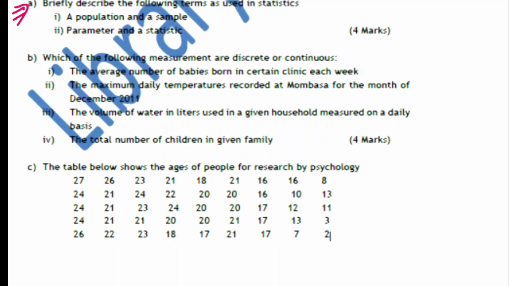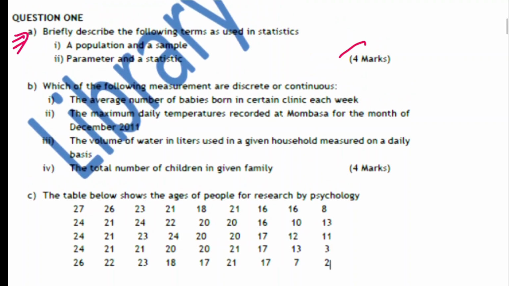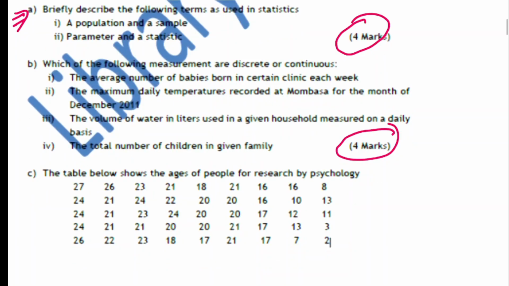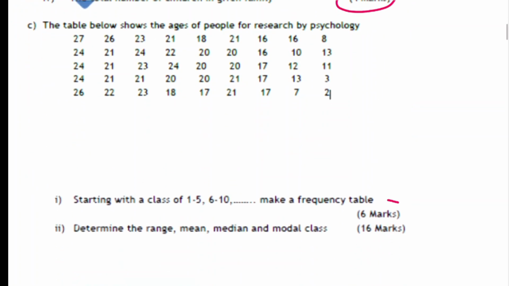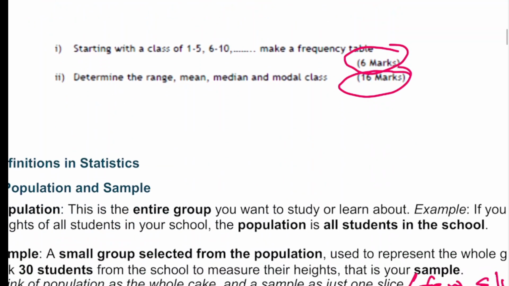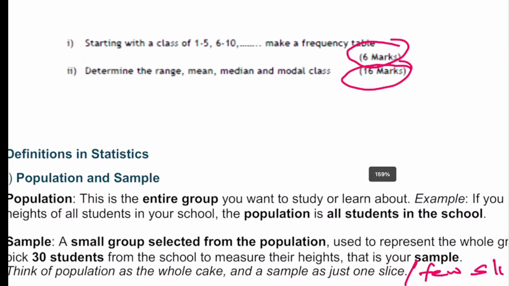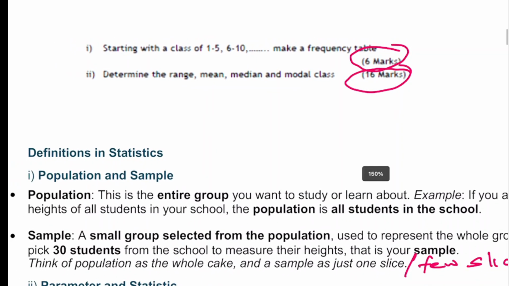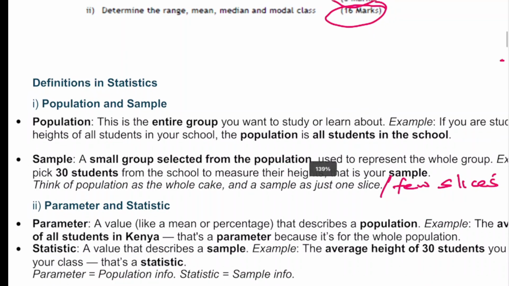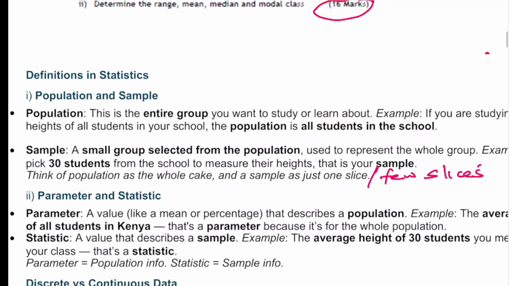See, so if you look at the totals, this is 4 marks, this is 4 marks, and then this is also 6. 8 plus 6, that is 14, and here is 16. Imagine if you get these 30 marks out of 60, or if you get closer to that, that's a hell of marks. So I think if we are serious, this paper we can get somehow about a minimum of 40.